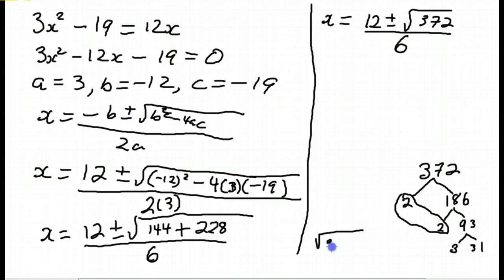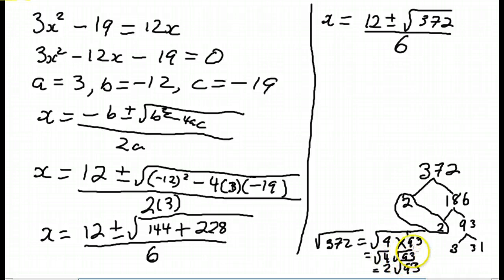So root 372 is the square root of 4 times, oh, hang on. Okay, where were we? This is 4 times 93, all under the root sign, which is root 4 root 93, which is 2 root 93. Okay, and again, there is no simplification beyond that.